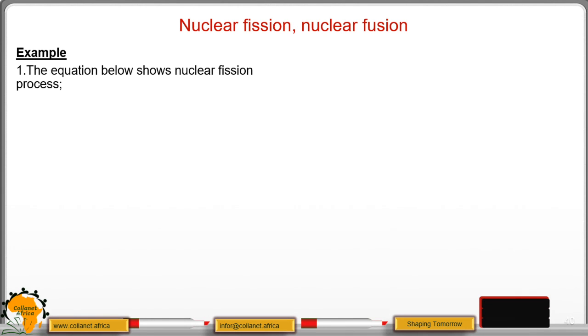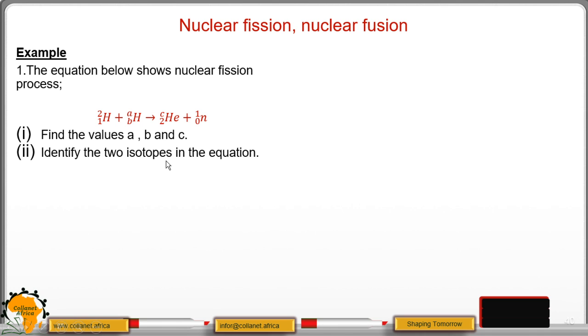Then from there, we have an example. The equation below shows nuclear fission process. Find the values A, B, and C. Remember, we have said that the nuclear equation has to be balanced. And therefore, to get the values of A, B, and C, we have to ensure that the left-hand side and the right-hand side have equal mass numbers.